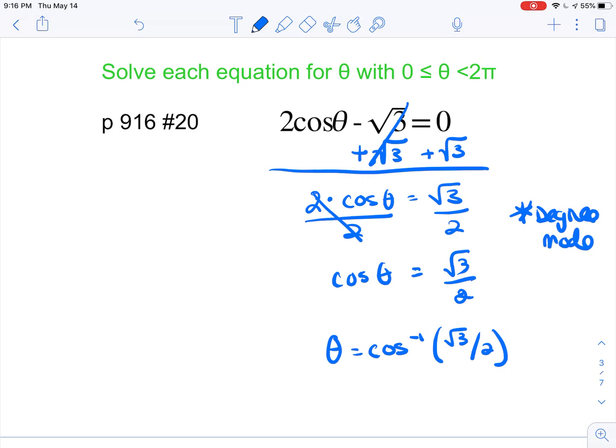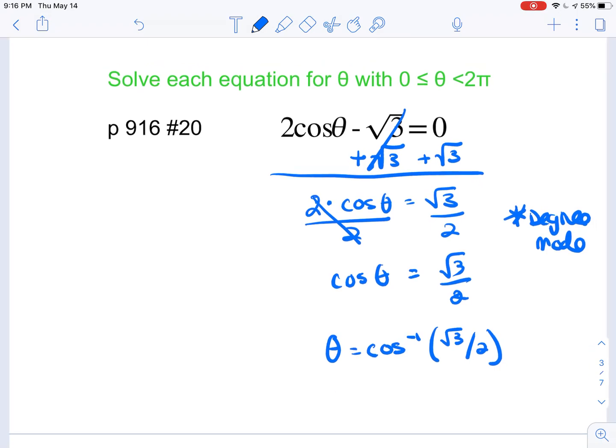Okay? Now, one thing you need to keep in mind here. When we do this, we want to keep it in degree mode. Okay? Now, it's not that it won't give you an answer in radian mode. However, something we know about radians is that typically they are written in terms of pi. And your calculator does not have that capability.